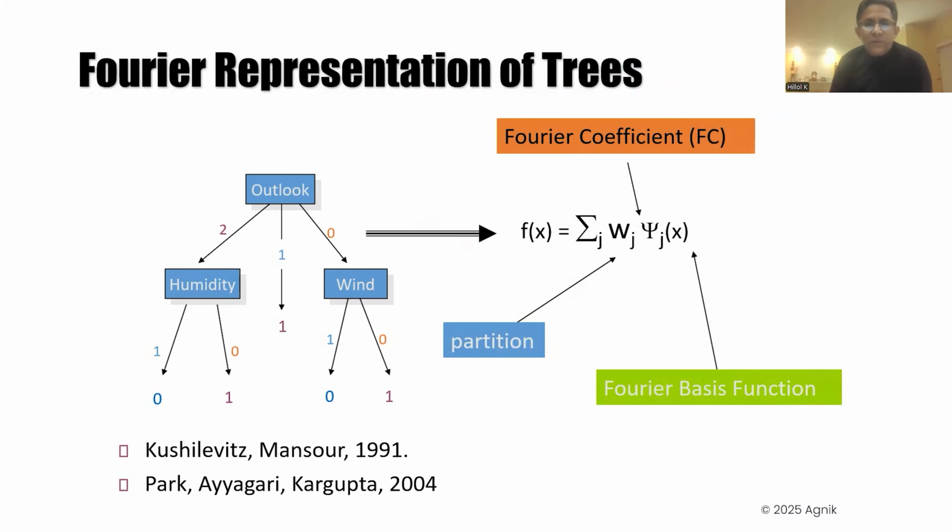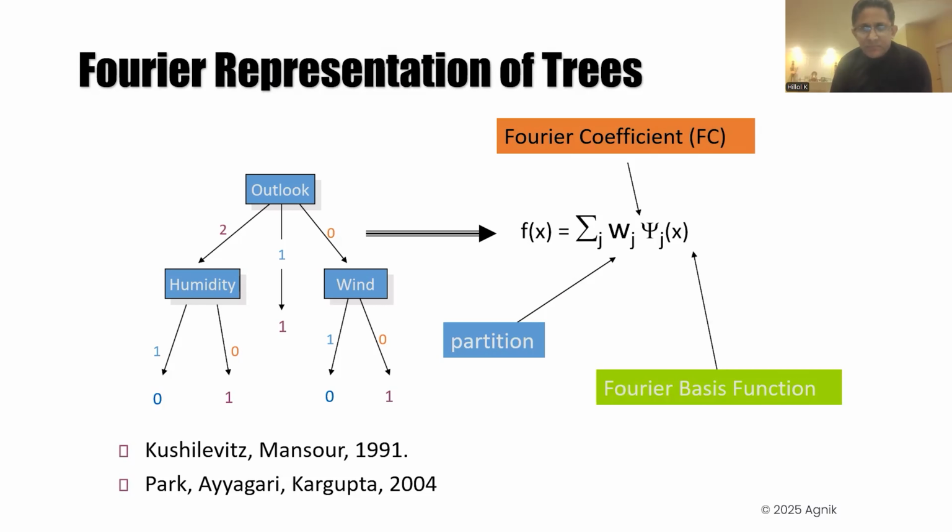So one way to do that would be to compute the Fourier spectra of the tree. A decision tree is essentially a function. In general, we are talking about the class of functions that can be represented using a tree-like structure. So you can compute the Fourier representation of that.